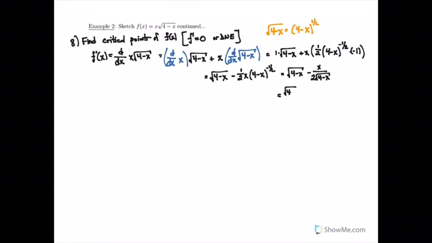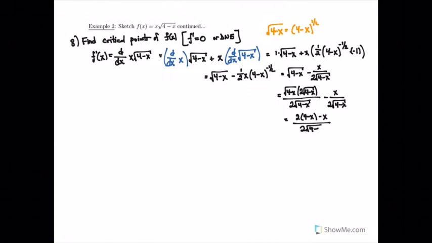This is going to give us square root of 4 minus x times 2 square root of 4 minus x over 2 square root of 4 minus x, minus x over 2 square root of 4 minus x, will give us a 2 times 4 minus x over 2 square root of 4 minus x, which will be 8 minus 3x over 2 times square root of 4 minus x.